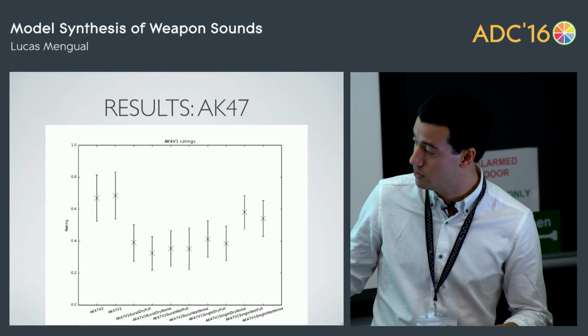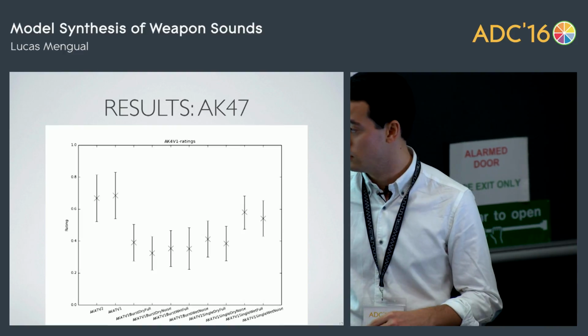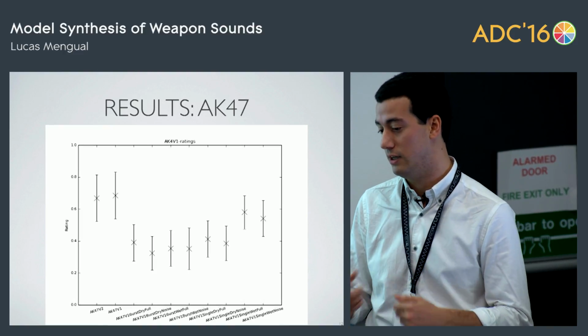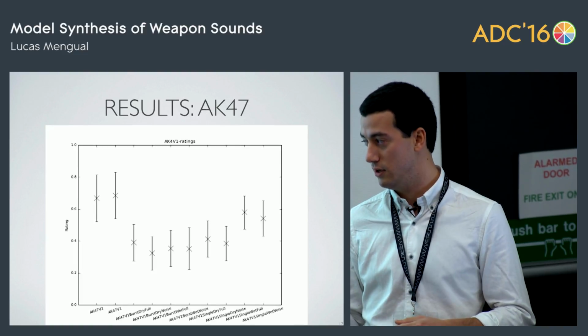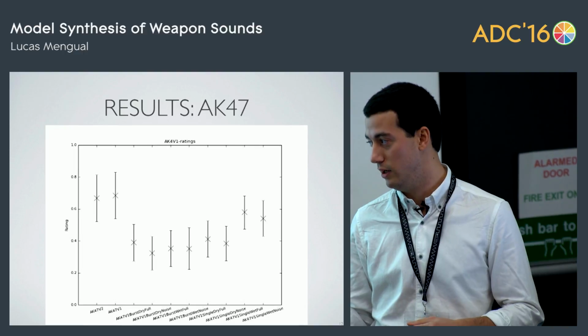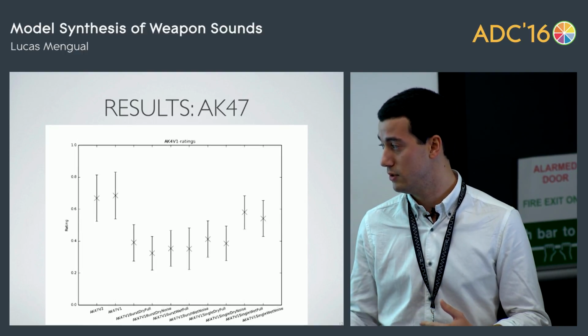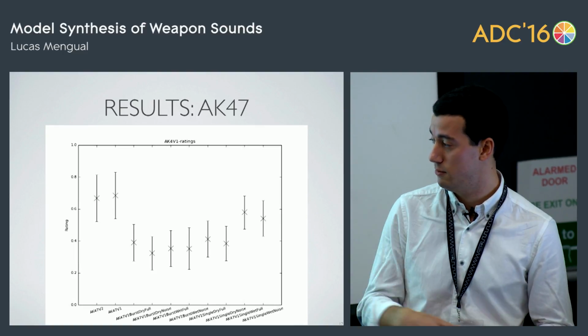Then we got different variations of the procedural sounds. There's single, and for the AK-47 I also did a burst effect, triggering 3 to 4 times instead of just one single shot. This was only done with the AK-47.